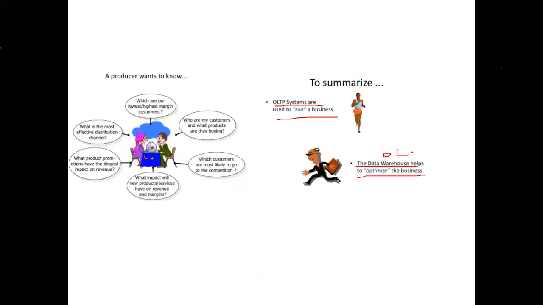OLTP is used to run your business, that means day-to-day transactions you'll be performing. OLAP is to optimize the business. How do you optimize? Because you're generating the reports, you're analyzing the data, then you take decisions based on the data for the business growth, right? So run the business, optimize the business.